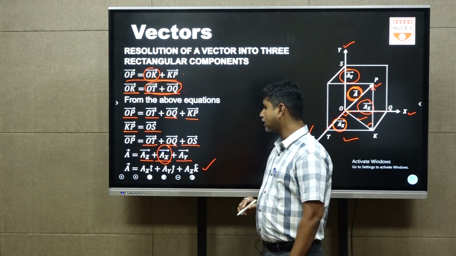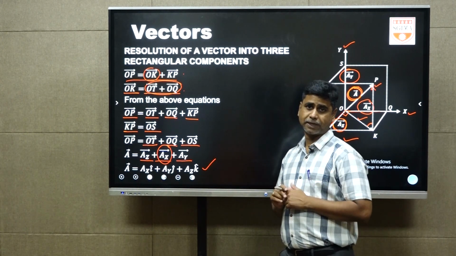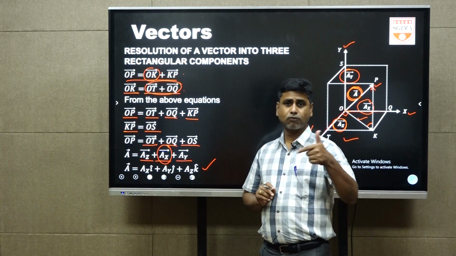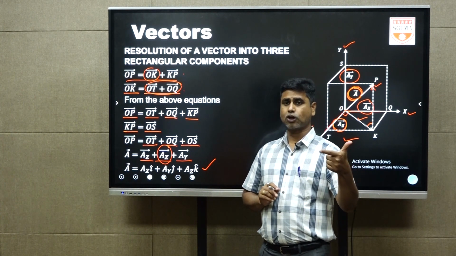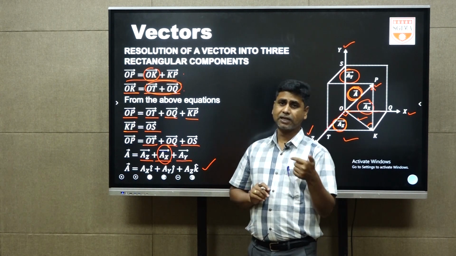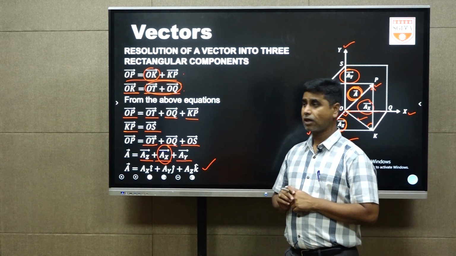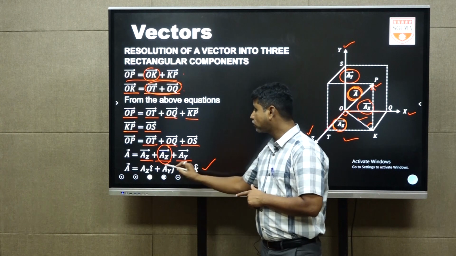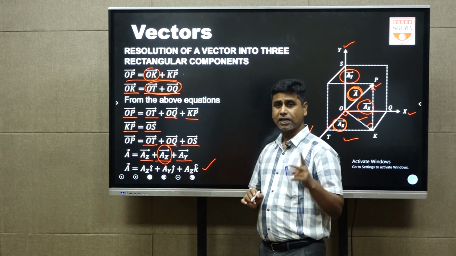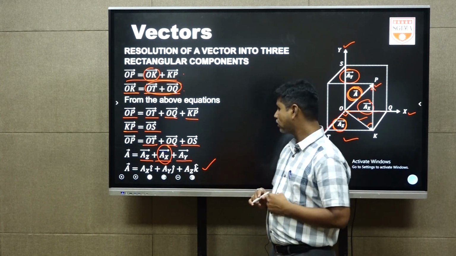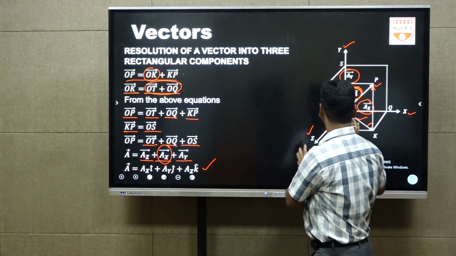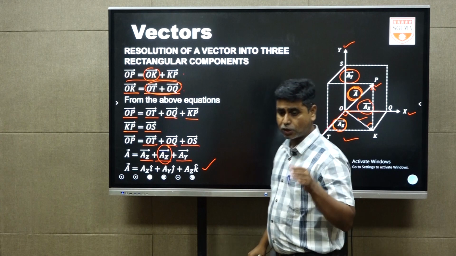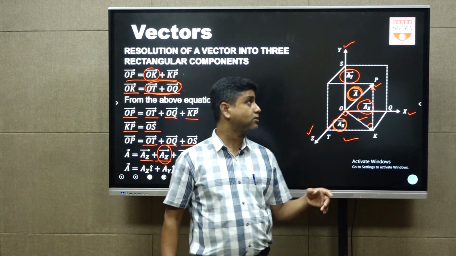Here there are three components, but previously only two components. Previously we took one along x and one along y, or one along y and one along z, or one along x and one along z. But here we have three components, one along x, another along y, and another along z. That's why one vector can act along the x axis, y axis and z axis.